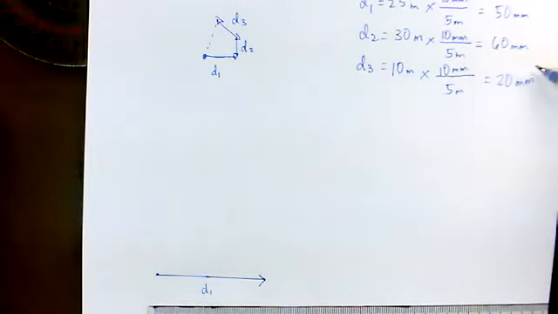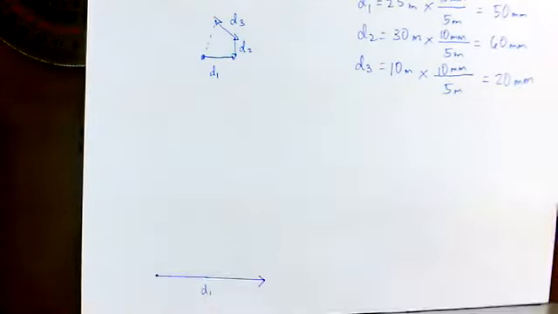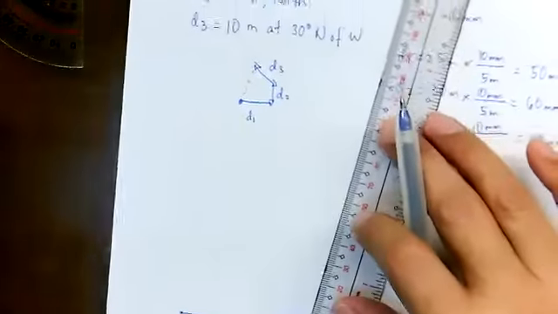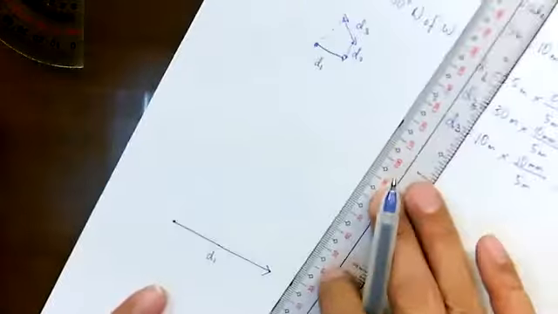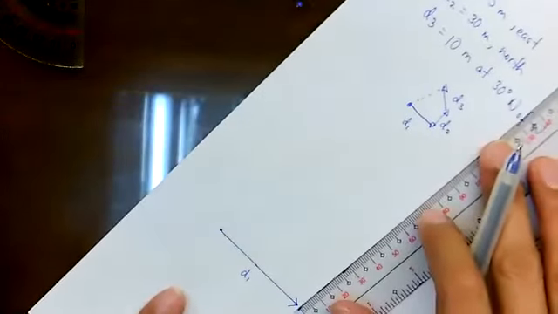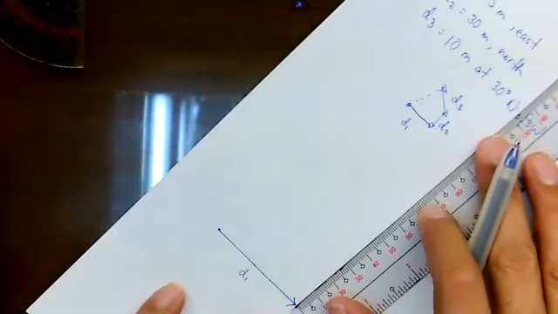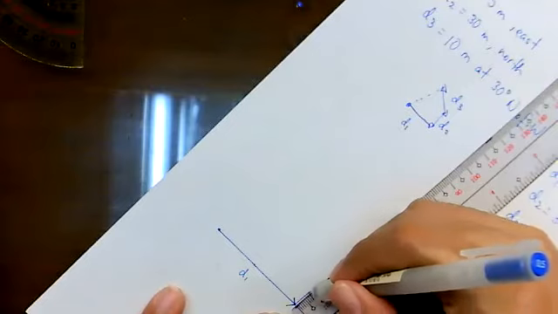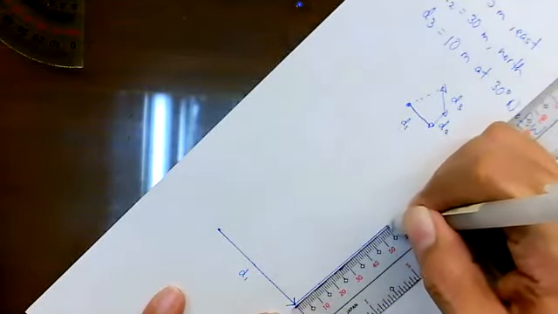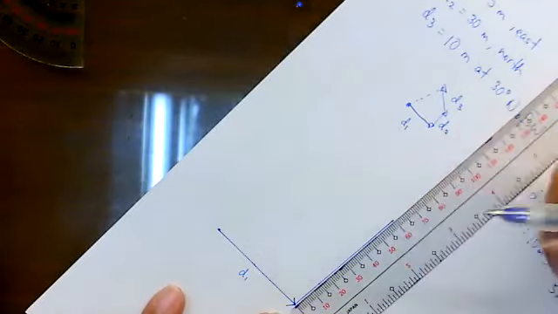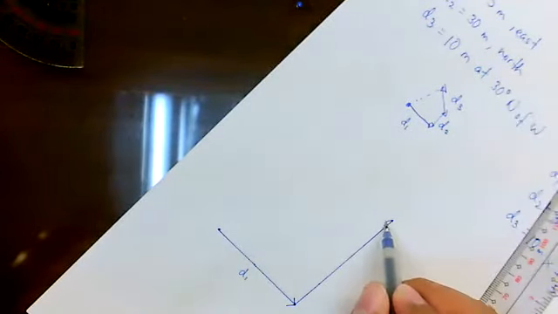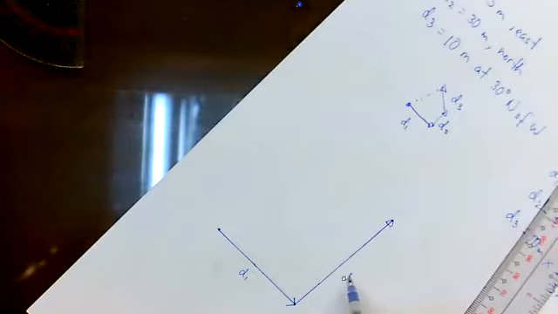The next vector is D2, 60 millimeters north. North is upward, so we have to draw it upward. It says here 60 millimeters. All right, this is 60 millimeters north. Let's name this D2.